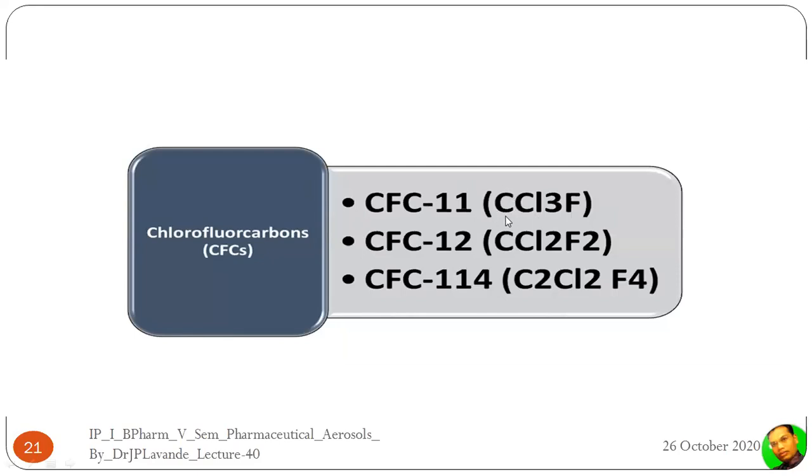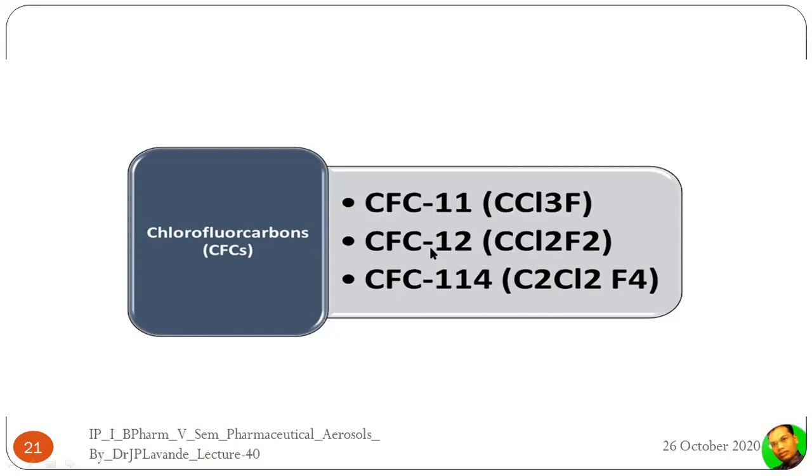So 1 minus 1, that's why it is 0, and the 0 has not been written here. Instead of 0, 1, 1, it has been written as 1, 1. Same is the case with CFC-12. Again, it is methane, difluoromethane, so the carbon atoms are 1. So 1 minus 1 is 0, 0, 1, 2. So 0 doesn't have any significance.